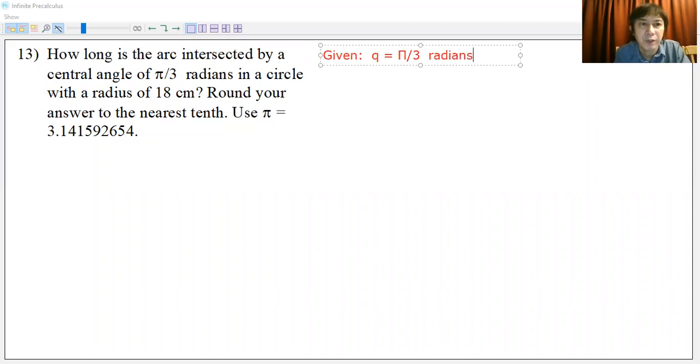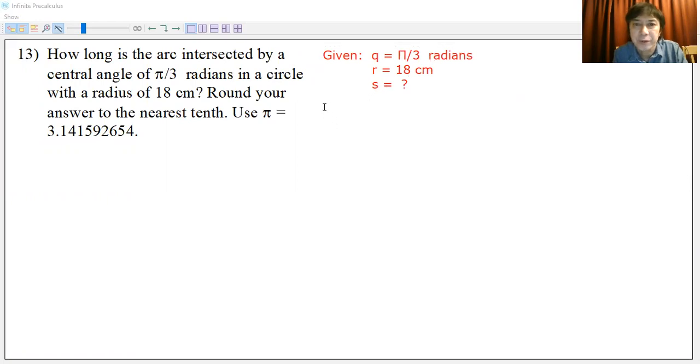In a circle with a radius of 18 centimeters, so we have R equal to 18 centimeters. We're after the arc S, so this must be in centimeters also. The unit of the radius and the subtended arc must be consistent.